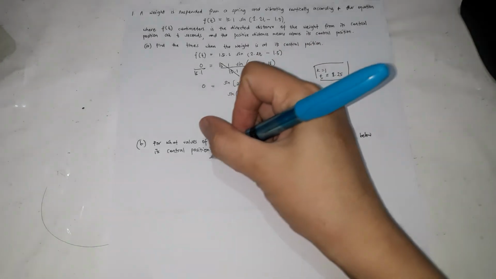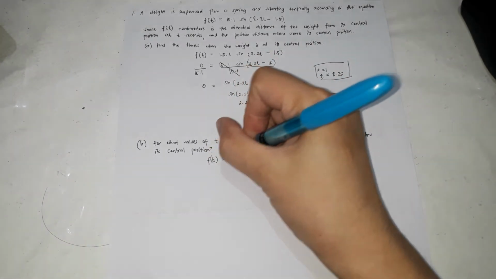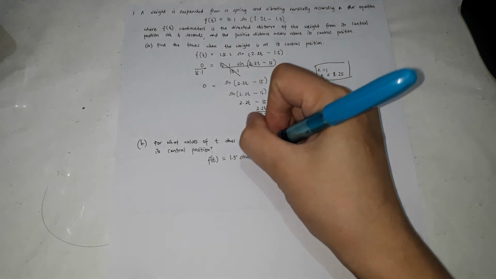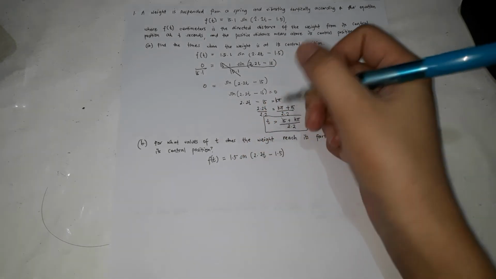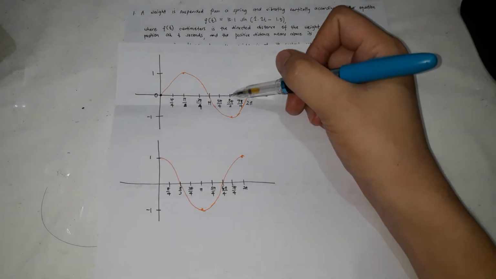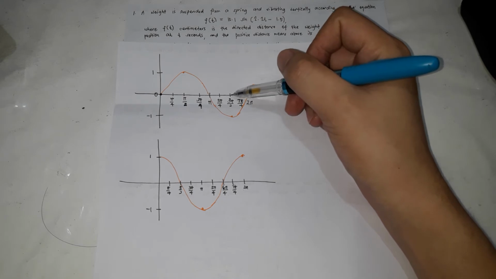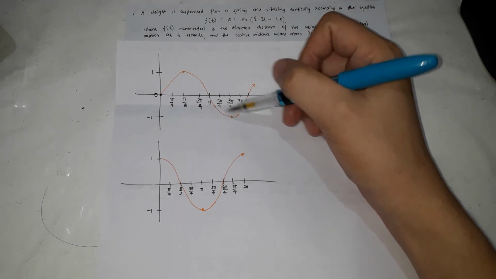So letter B: for what values of t does the weight reach its farthest point below its central position? The farthest point for it would be sine (2.2t minus 1.5). If you look at the graph again, the farthest point below the central position would be this one, and it's -1.